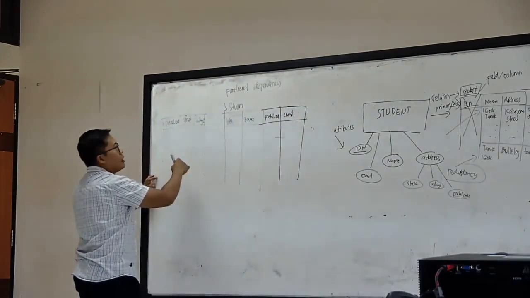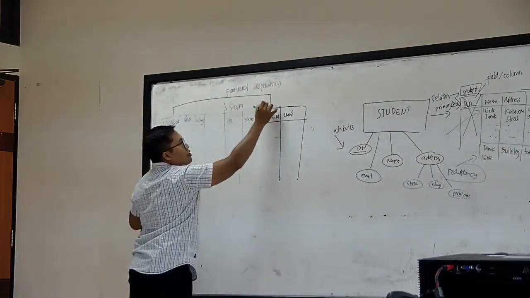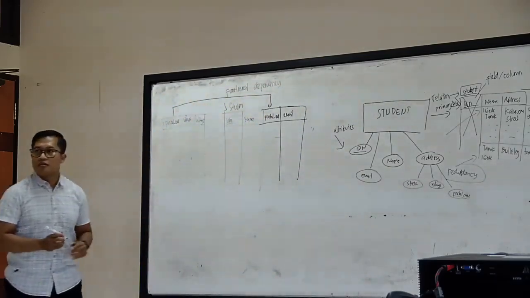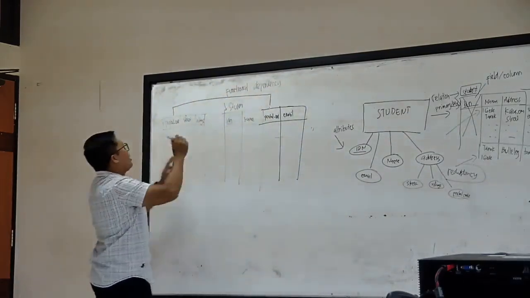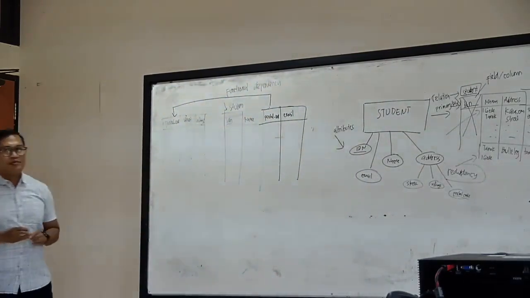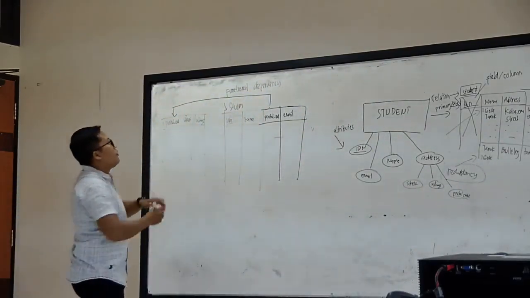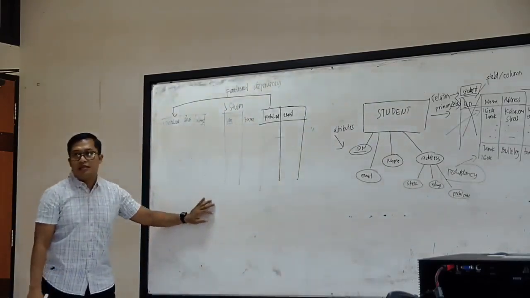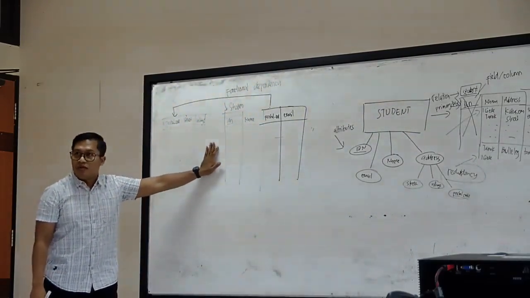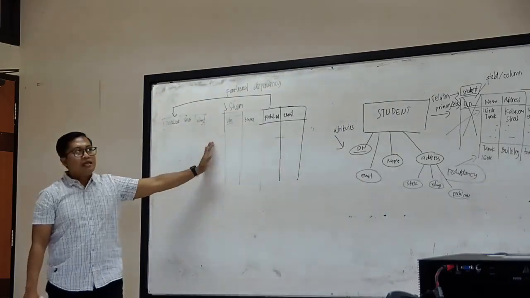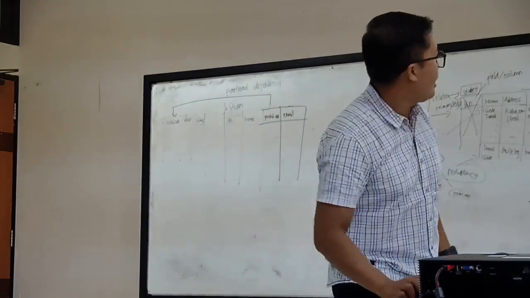So postal code can be referred to this postal code. Sorry, the arrow is swapped. This is called functional dependency. There is functional dependency in the relational model. Okay, that is decomposition. So we are going to the next slide.